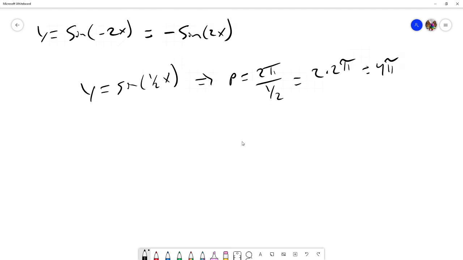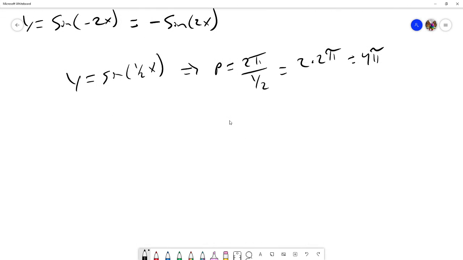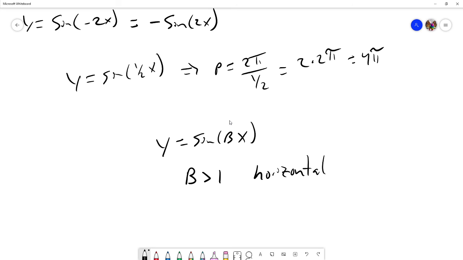Alright, so to reiterate, when we have y equals sine of bx, then when b is greater than 1, we will have a horizontal compression. That means our period is going to get smaller, right?